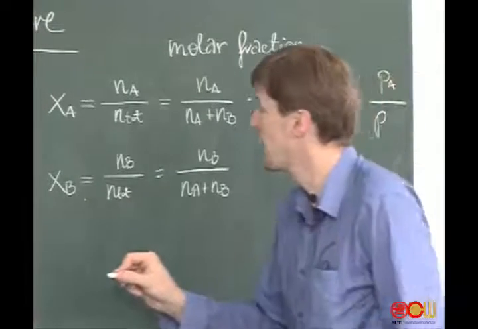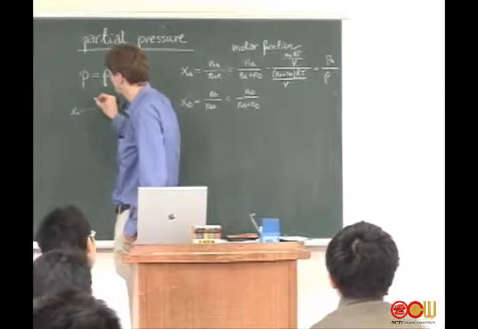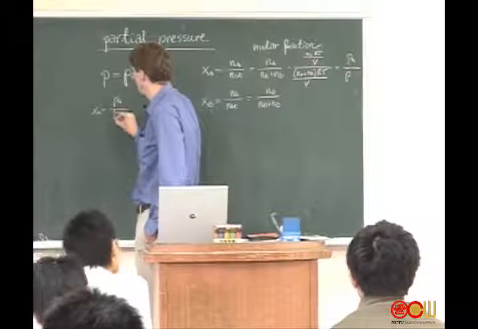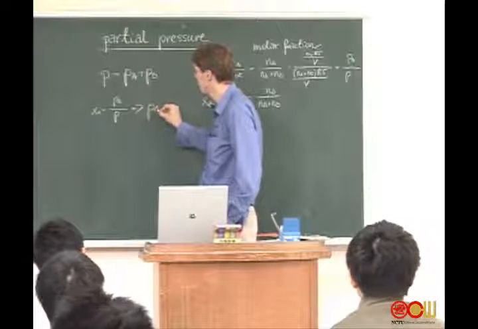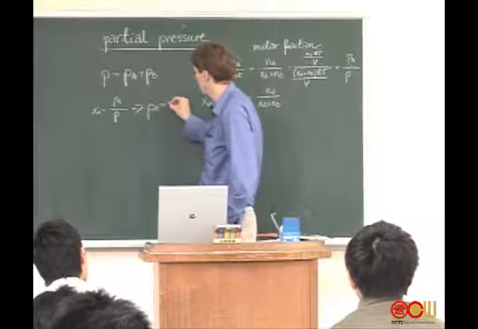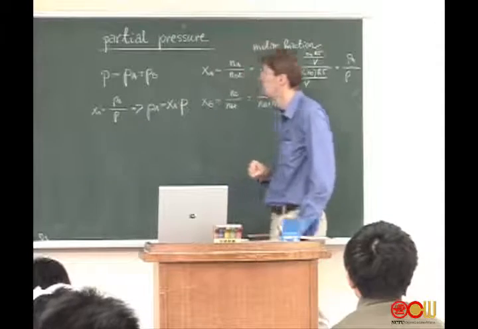So from this one we are getting that XA, the molar fraction, is PA over P, or saying in other words, the partial pressure of the gas A is equal to the molar fraction times the total pressure.